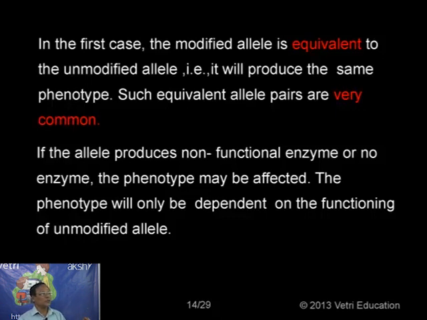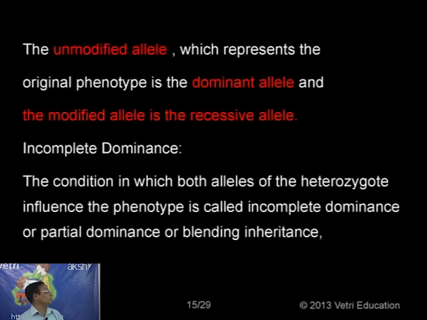So the unmodified allele, which represents the original phenotype, is the dominant allele. An allele without undergoing any change, the allele not being affected, is called a dominant allele. And the allele which is being affected, the allele which is modified, is considered a recessive allele.